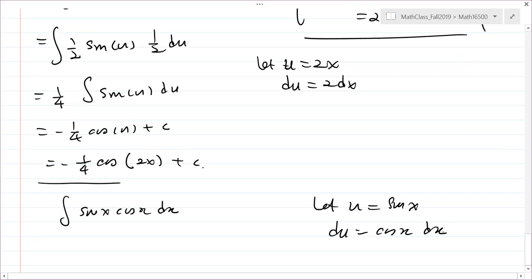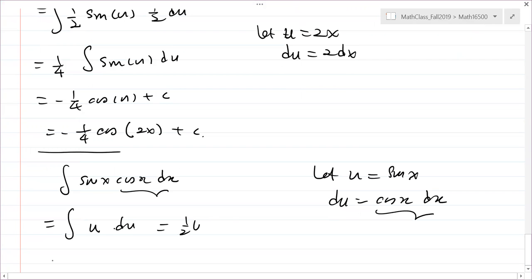So in this integral, u is sine x, and cosine x times dx is just du. Okay, so very simple now. The antiderivative of this function is half of u squared plus constant, and u is sine x.